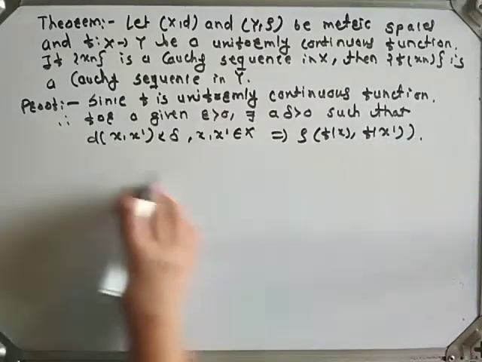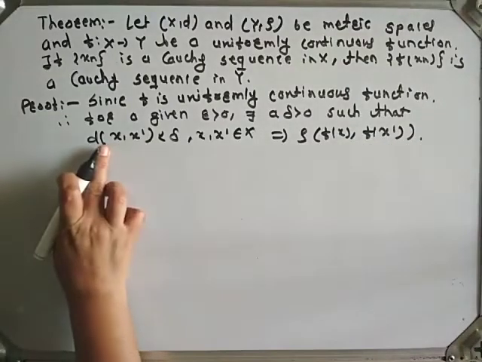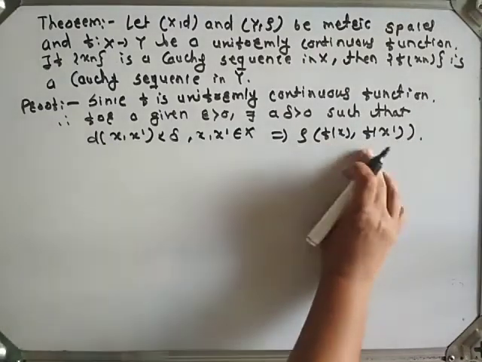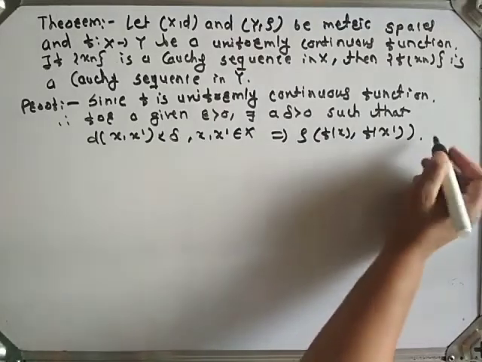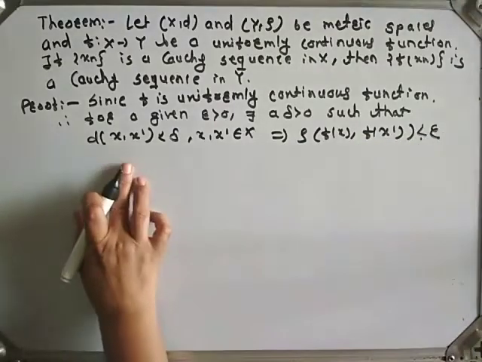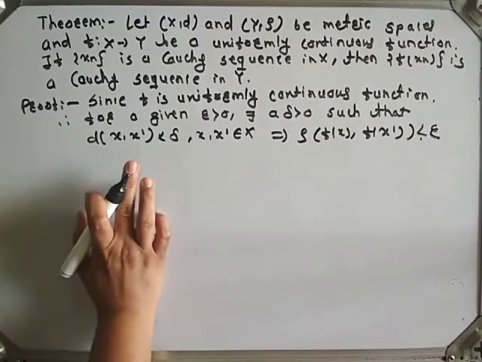Okay, we may write this also: rho of f of x comma f of x dash is strictly less than epsilon whenever d of x comma x dash is strictly less than delta.